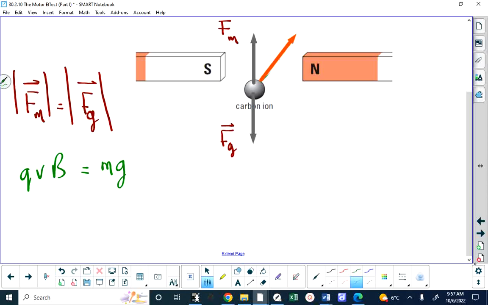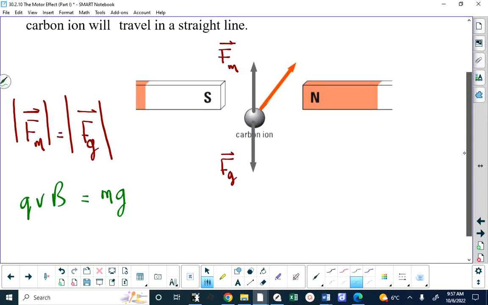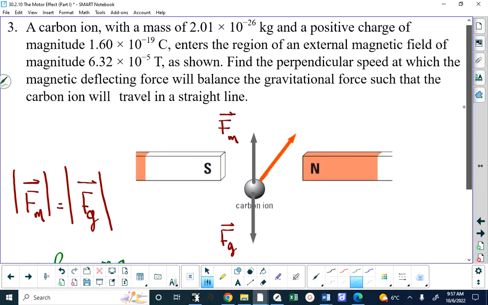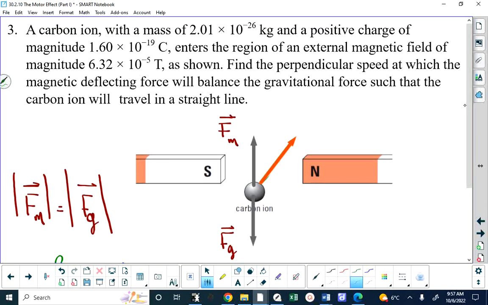In fact, just to pause for a second, you might be told on a university question the following.